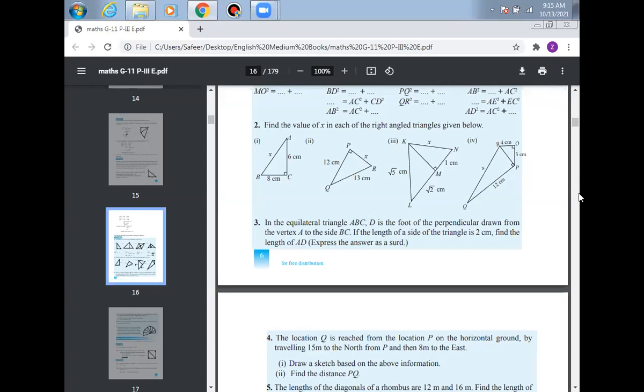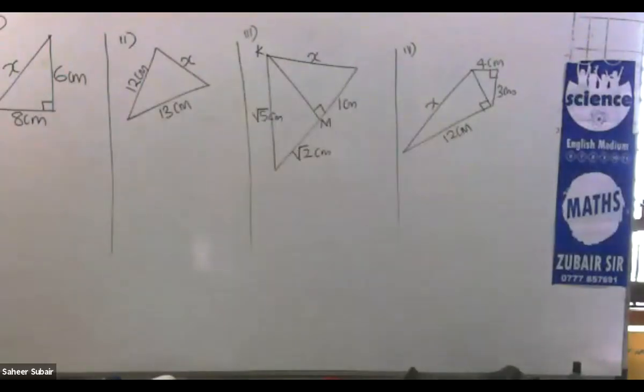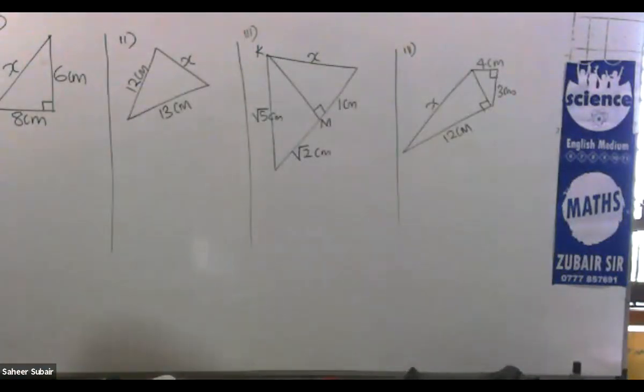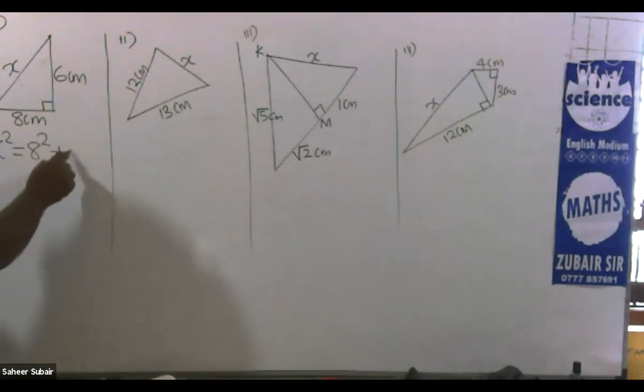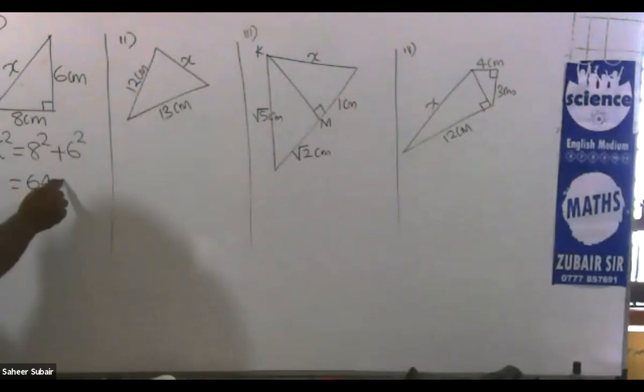Is it okay? Then say in this triangle the hypotenuse is x, then x squared equals 8 squared plus 6 squared. 8 squared is 64, 6 squared is 36, altogether 100.